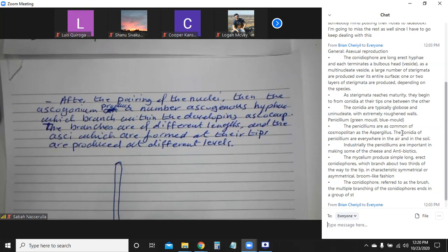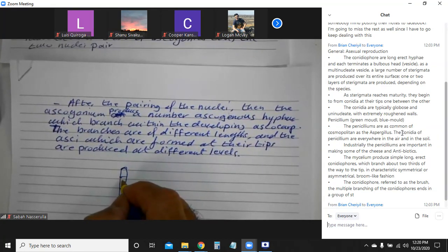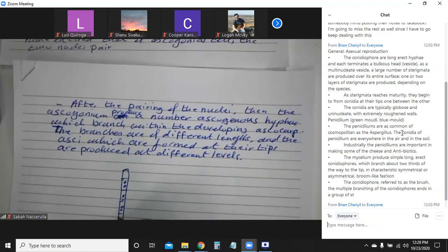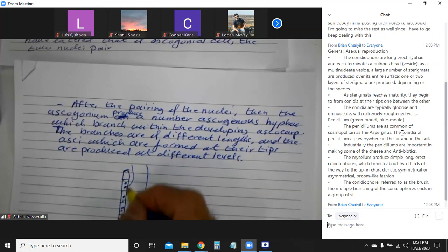And when the two nuclei of the antheridium unite in pairs like this, then of course, they produce, as a matter of fact, hyphae. And basically, as you can see here, all this like that.